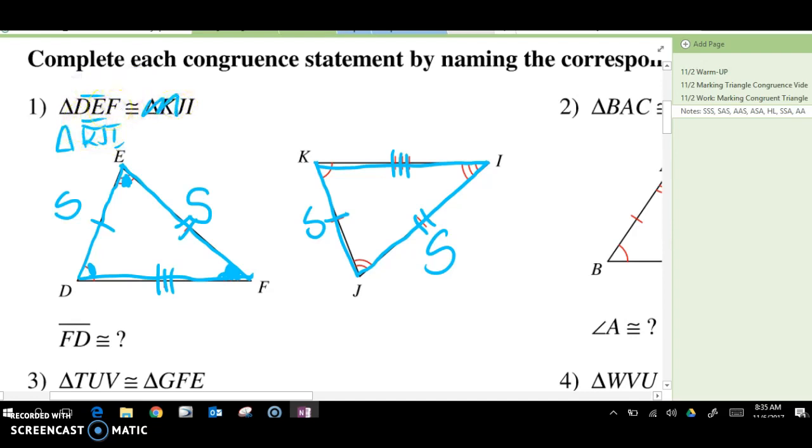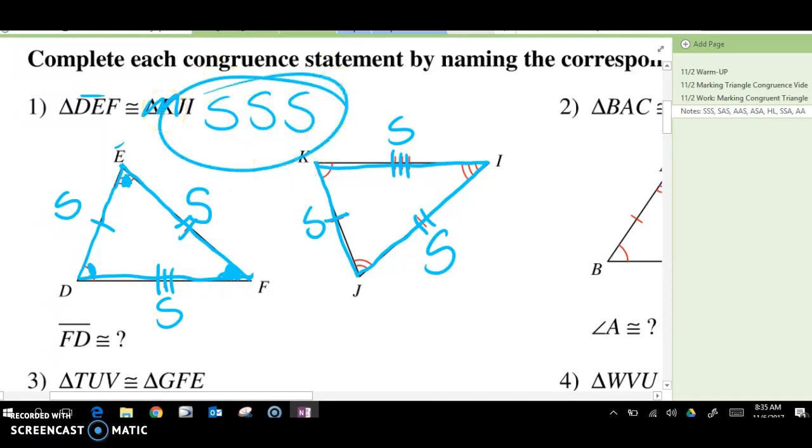That's my other video. Shh, guys. All right, so this is a side, this is a side. So what do I have here? I have a side, a second side, and a third side. So we could say that this is congruent based on what postulate? SSS, or side, side, side.